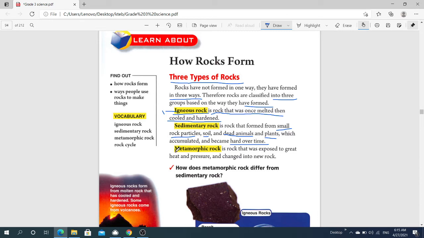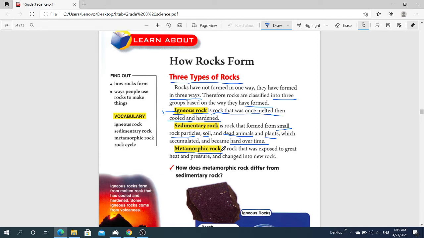And the third one is metamorphic rock. Metamorphic rock is a rock that was exposed to great heat and pressure.